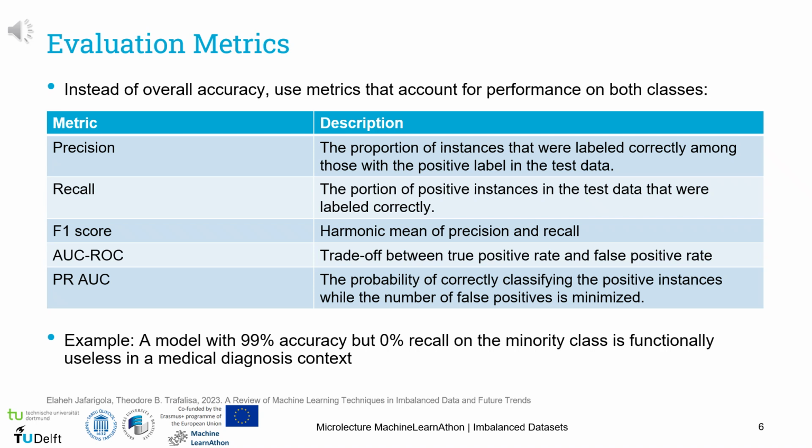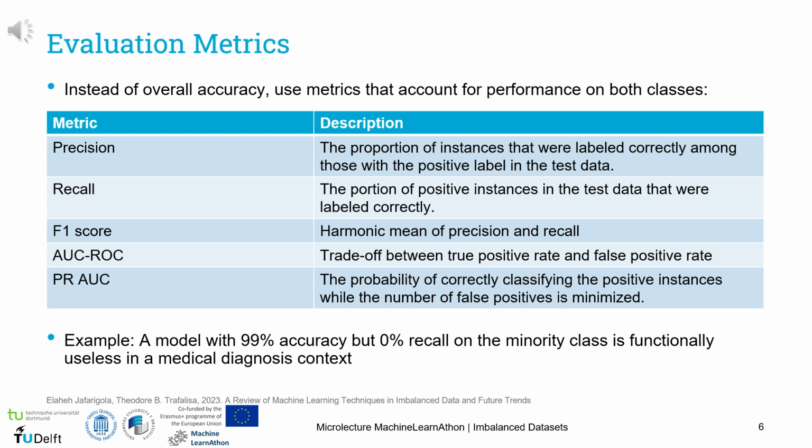And the F1 score, which is the harmonic mean of precision and recall. Then you can also look at the AUC ROC curve, which illustrates a trade-off between true positive and false positive rates, or the PR AUC, which reflects correctly classifying the positive instances while the number of false positives is minimized.